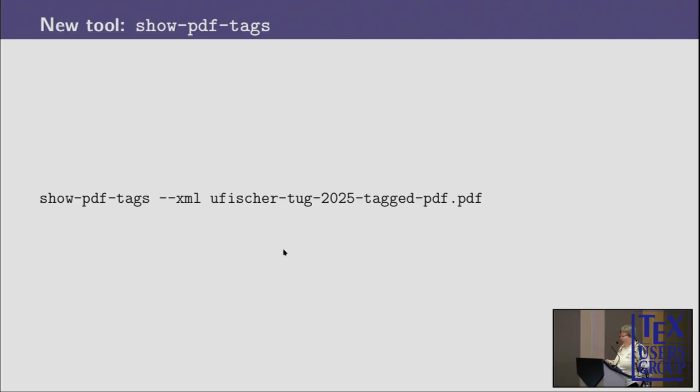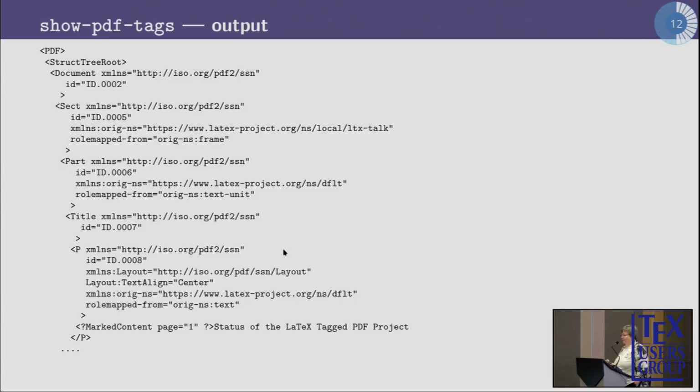There's another tree view that you can do instead, but XML is typically quite nice. For example, I ran it on this, it's probably a bit small now, perhaps you can see everything. It shows you the XML structure of the tree, including some of the content. Here, for example, is the text status of the LaTeX project. It doesn't show every content. You can't show images or something like this.